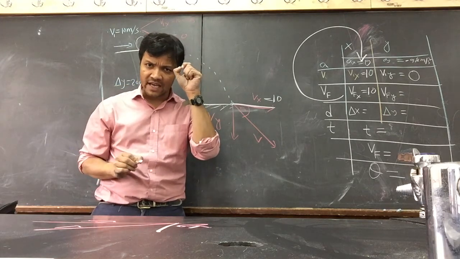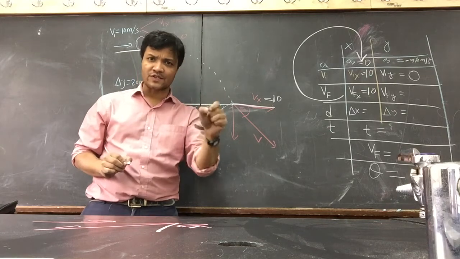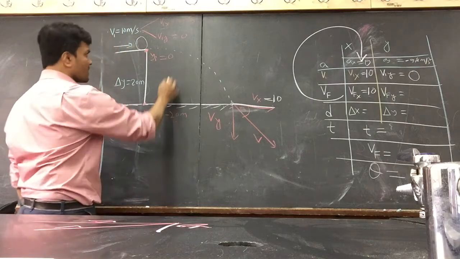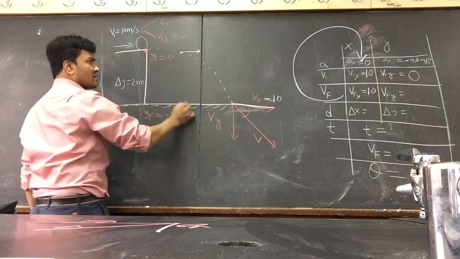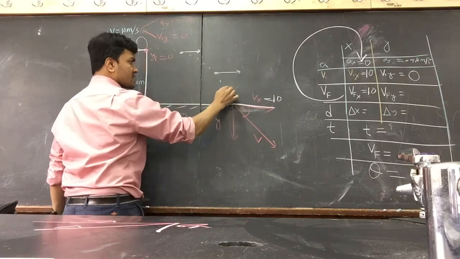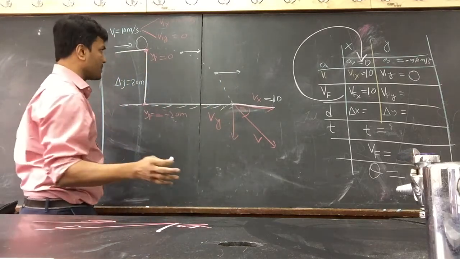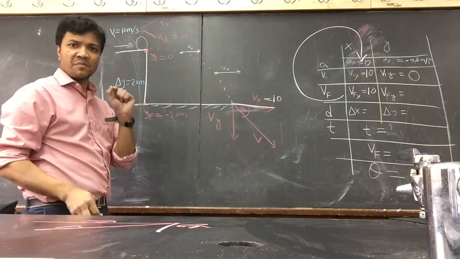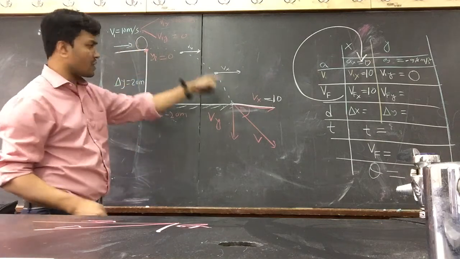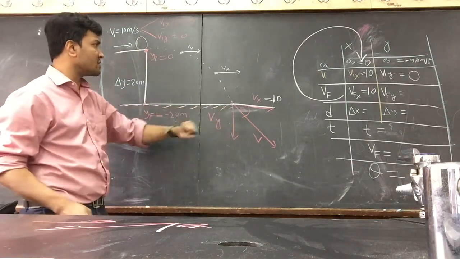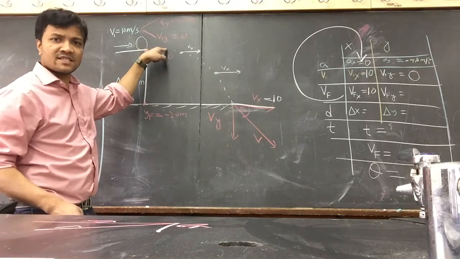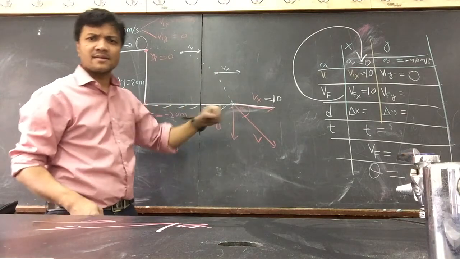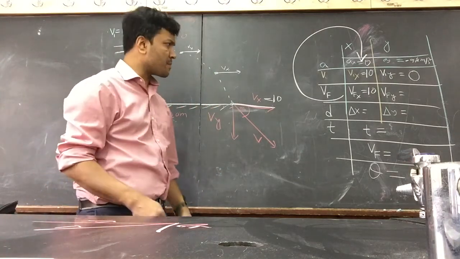Acceleration is only at y direction. That means the velocity vector at x direction remains the same, the entire trip from beginning to the end. So velocity at x direction is 10 throughout the trip.